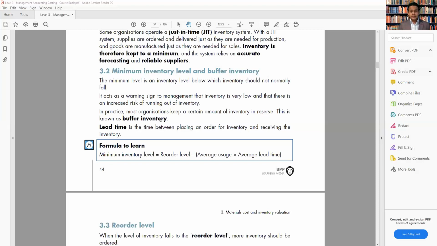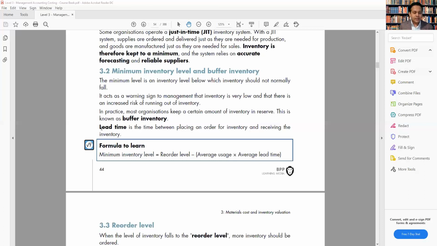It's like when you drive a car and even when the petrol is finished, there is something you still have as a reserve, and that is called buffer inventory. Even for the organization, even if the product in the warehouse has run out, they still keep something as a backup plan, as a reserve. We call it buffer inventory.